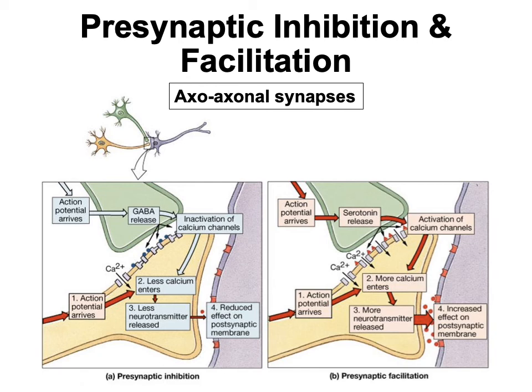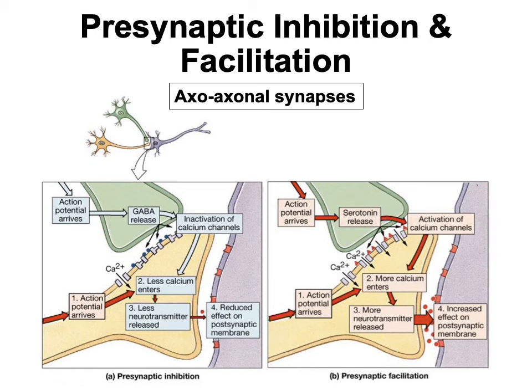Now on the left, the green axon terminal is releasing GABA, which is an inhibitory neurotransmitter. Now we already talked about how calcium is necessary to release the vesicles from the pool there so they can dock with the presynaptic membrane and release the neurotransmitters.